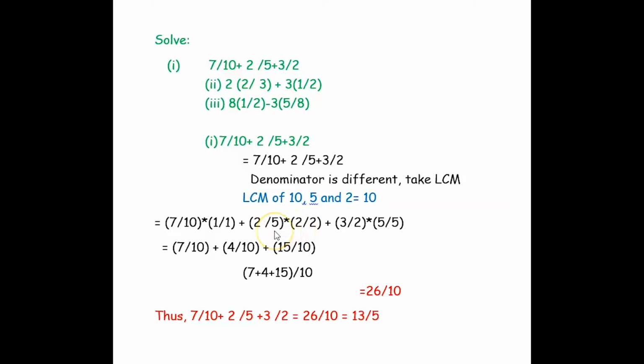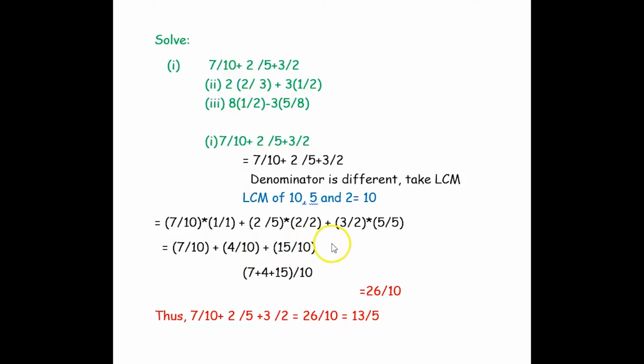So if you multiply the denominator by 2, you have to multiply the same number with the numerator. So with this fractional number 2 divided by 5, we are multiplying and dividing by 2. So 2 divided by 2. Okay, so this is the second one. So 2 into 2 is 4, divided by 5 into 2 is 10. So we'll get 4 divided by 10.